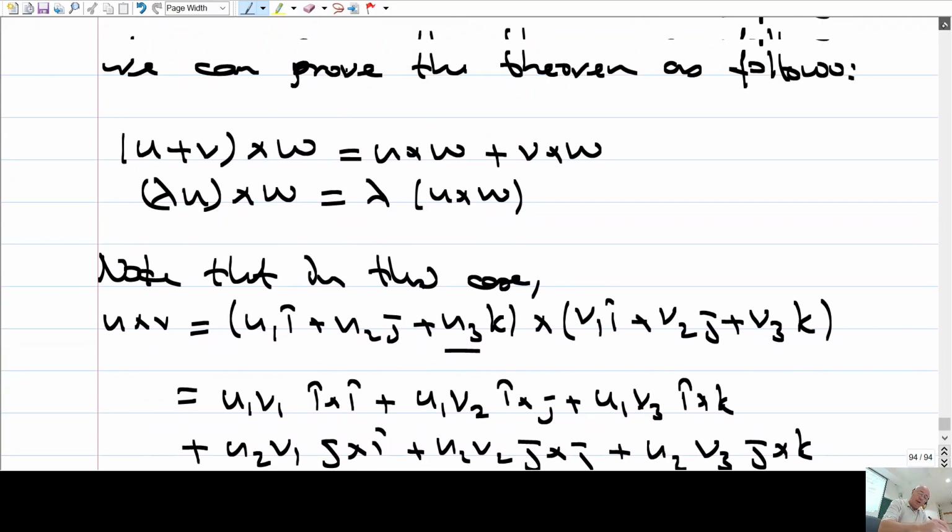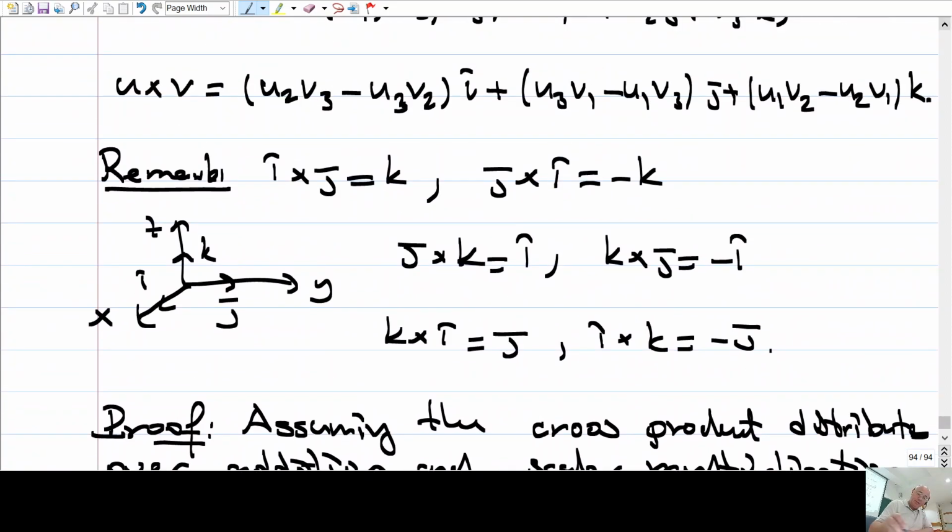Also note the following. Here I didn't write that down, but what is I cross I, for example? Well, this should be the length of this one, length of this times the sine of the angle between them. But the angle between the vector I and I is just 0, so this is just 0.